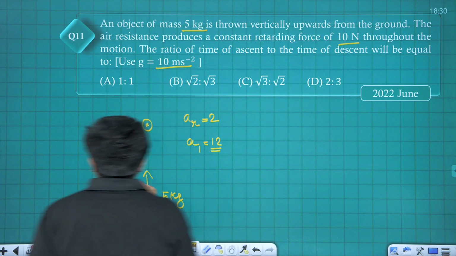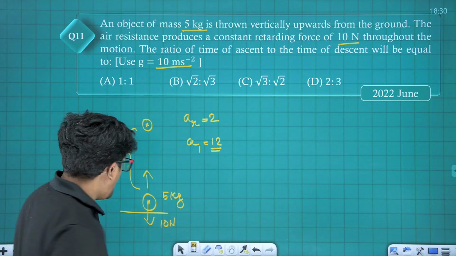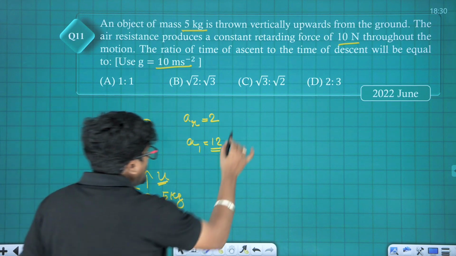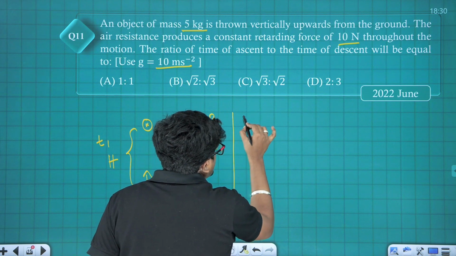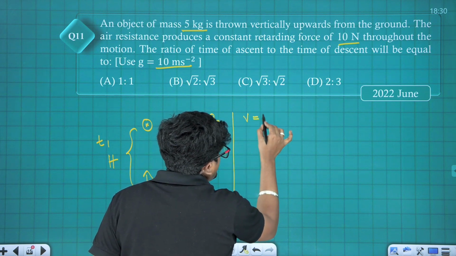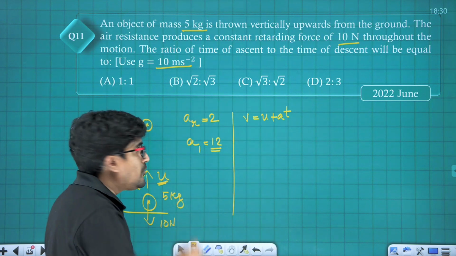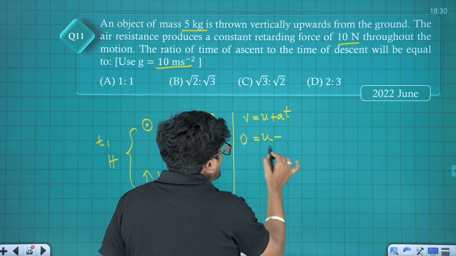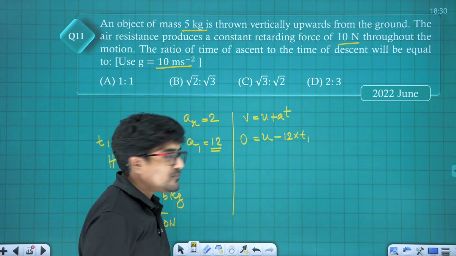Now, let me take the time as t1 for the upward journey. And let me assume the body is thrown with a speed of u meter per second. Since the final velocity is going to be 0, for the equation v is equal to u plus at, if I consider the upward motion, this is going to be 0, that is u minus 12 into time taken t1.